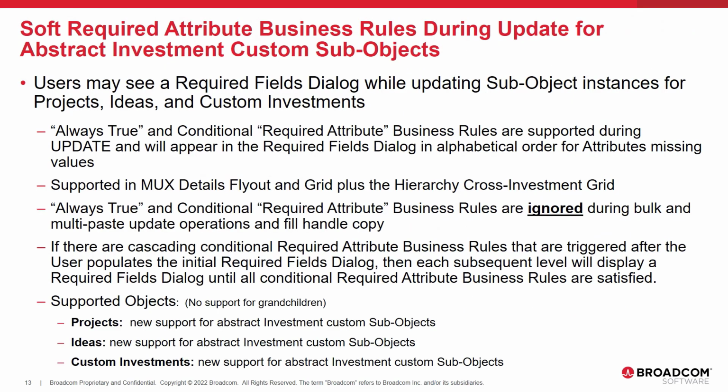In the required fields dialog, I wanted to cover some points and reiterate others. This is, again, while you're making updates to the abstract investment custom sub-objects. Both always true and conditional required attribute business rules are enforced during this operation, and the fields that appear in the required fields dialog will appear in alphabetical order for any attributes that are required and are missing values.